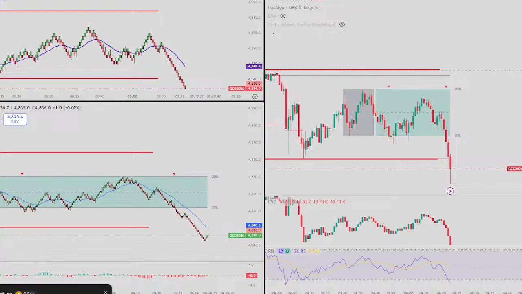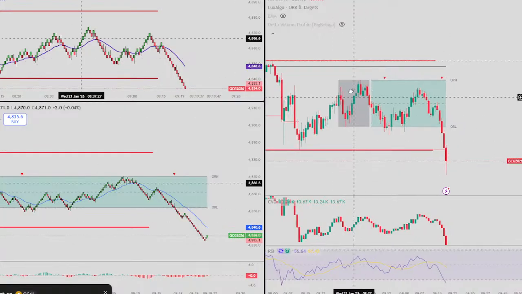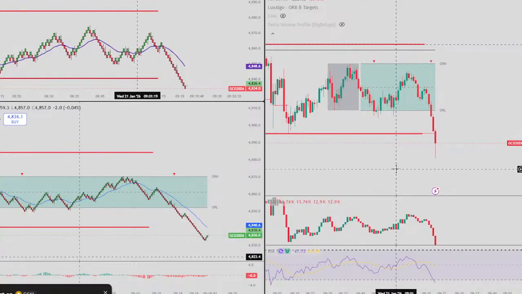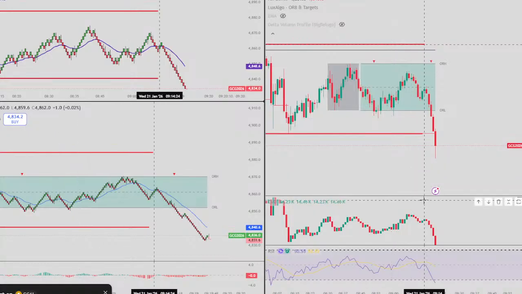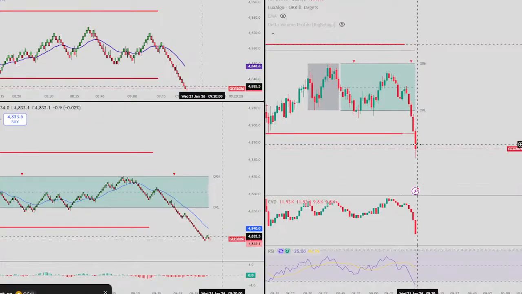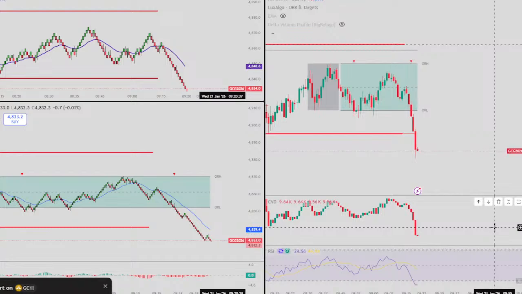Yikes. I sat down to my computer. I was not expecting anything to happen, and yet here we are. So we're in that oversold territory. We just broke the bottom, and we're in oversold territory. Wait for this candle to close. There's your close.